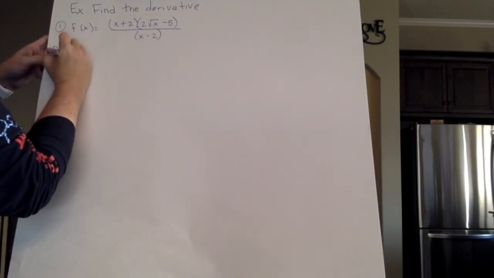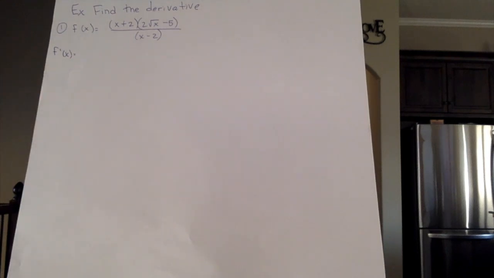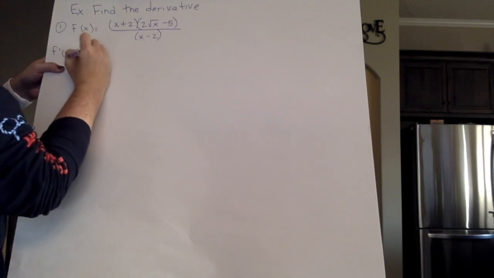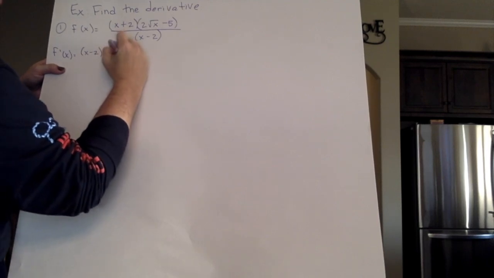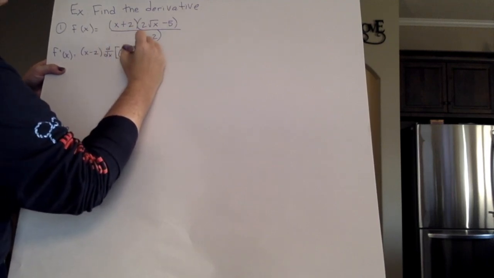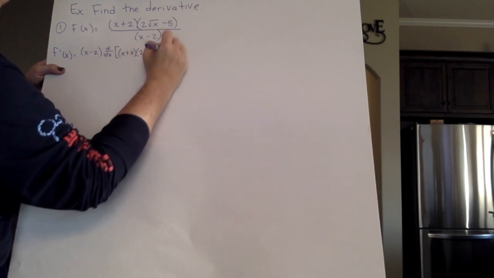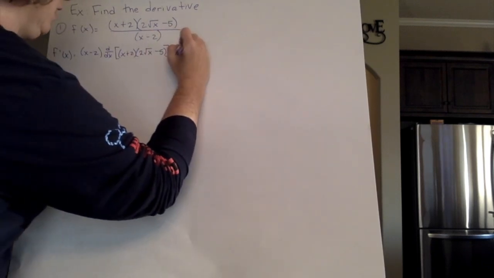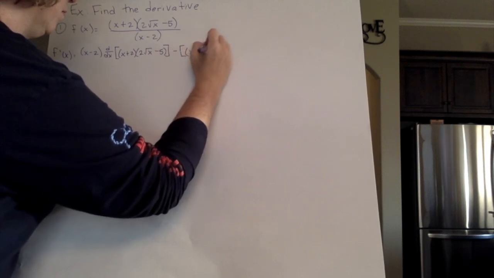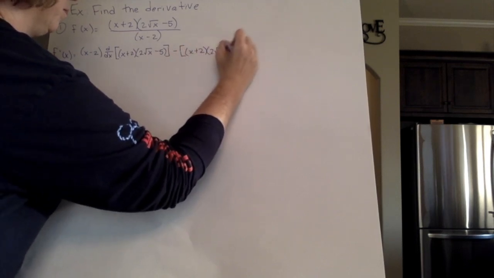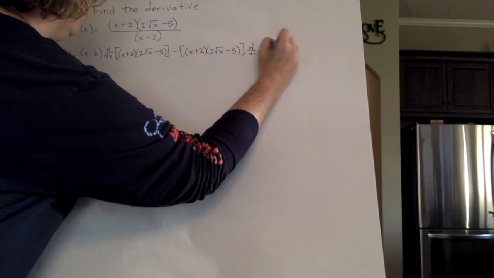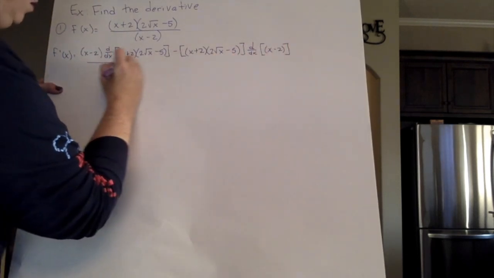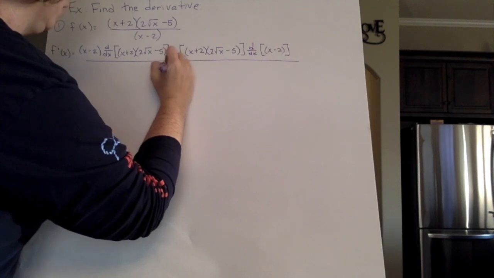And I'm going to start by writing what we would do for the quotient rule, and then we'll see how that goes. So we're going to have low, which is x minus 2, times the derivative of high, minus high, times the derivative of the low, all over low squared.